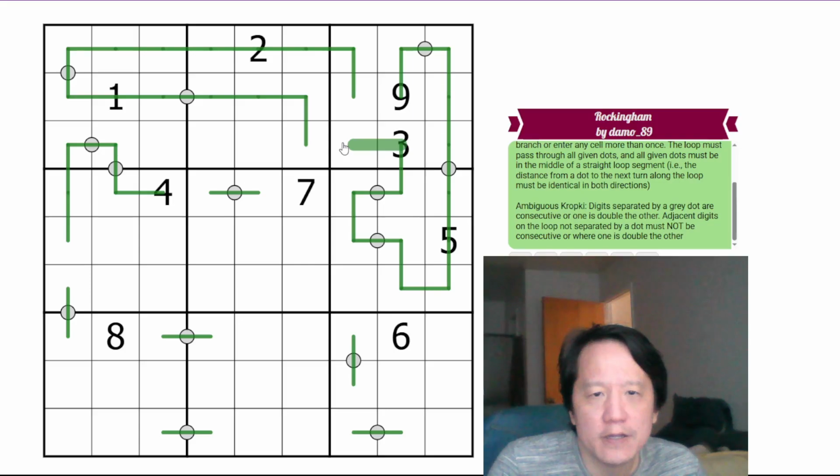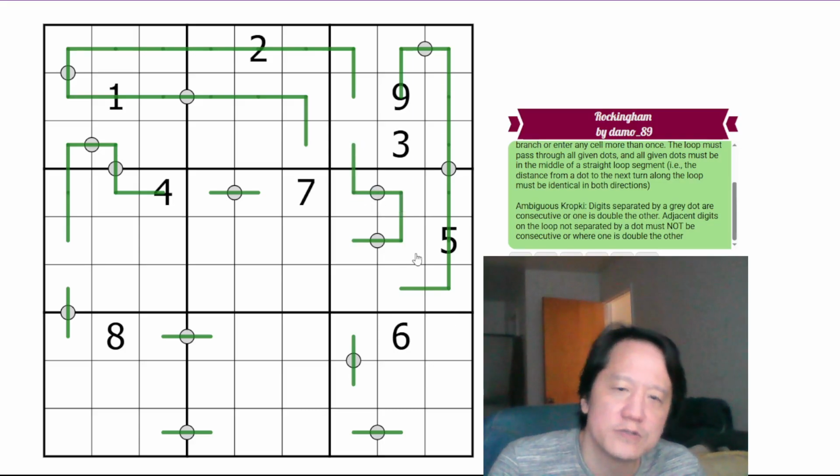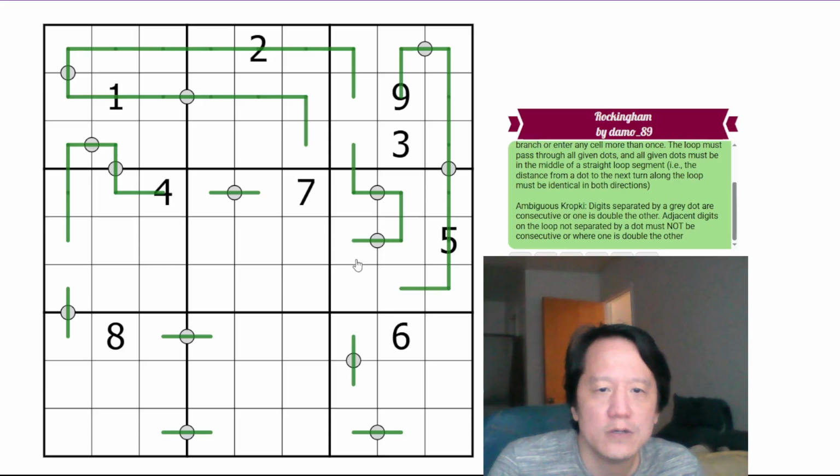But then it has to connect that way, and then this doesn't work. So this cannot connect here. So this must connect this way, which means this goes there. This has to go there to turn correctly.